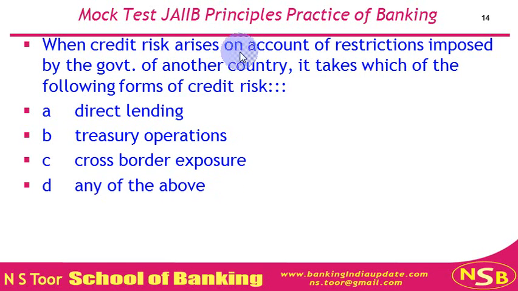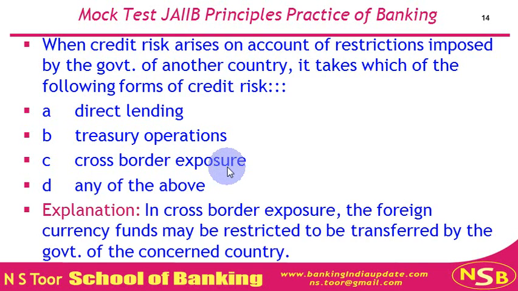When restriction is imposed by the government of another country, naturally it is cross-border exposure. In cross-border exposure, the transfer of foreign currency funds may be restricted by the government of the concerned country, and that may lead to credit risk.